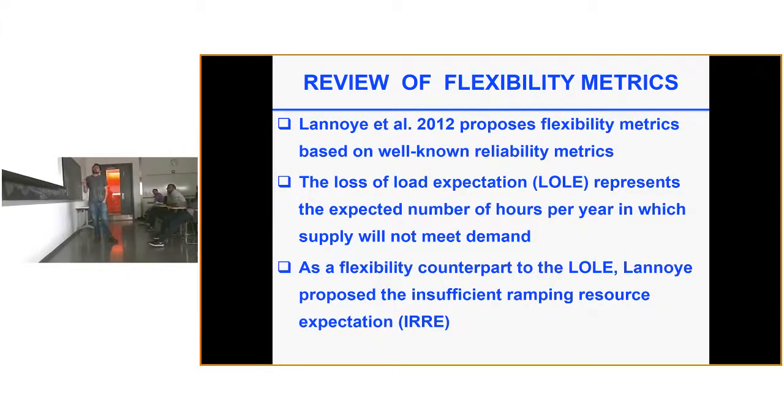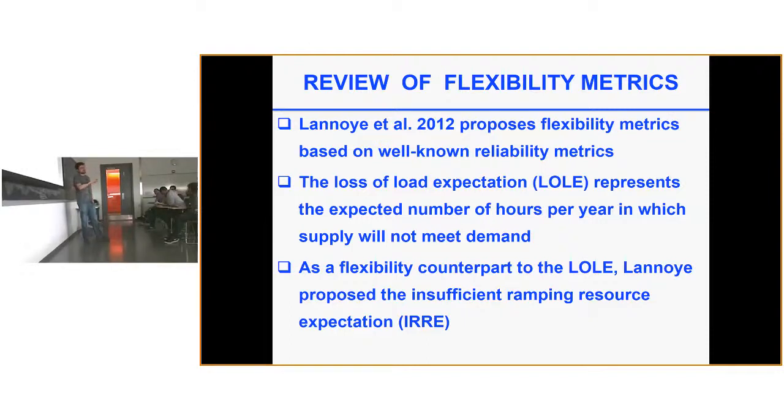So one of the flexibility metrics was proposed by Lanois in 2012, and it's pretty much based on a reliability index, which is the loss of load expectation. So this is done in planning studies. You consider that each generation has an outage rate, right? They tend to have an outage every like 1 hour in I don't know how many days. And so you build a probability distribution of the generators to be out, and you look at a load duration curve.